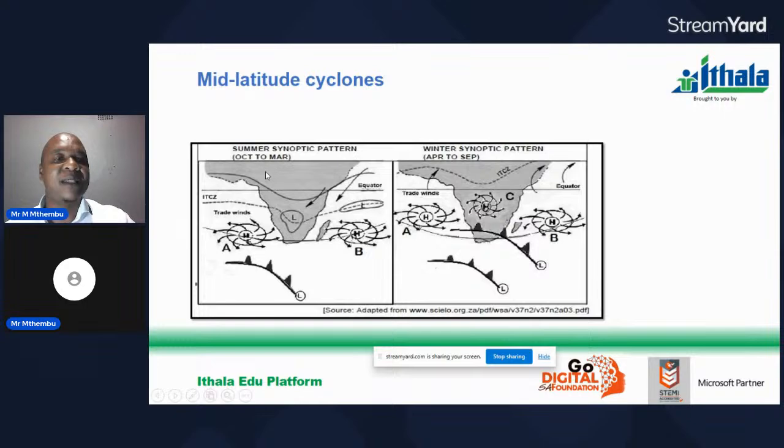Remember, summer in South Africa, we can say it starts maybe in December until maybe March, something like that. Now let's look at what happens in summer. In summer, in the interior there is a low pressure system that is dominating, and you can see there that we have an intertropical convergence zone that is dominating.